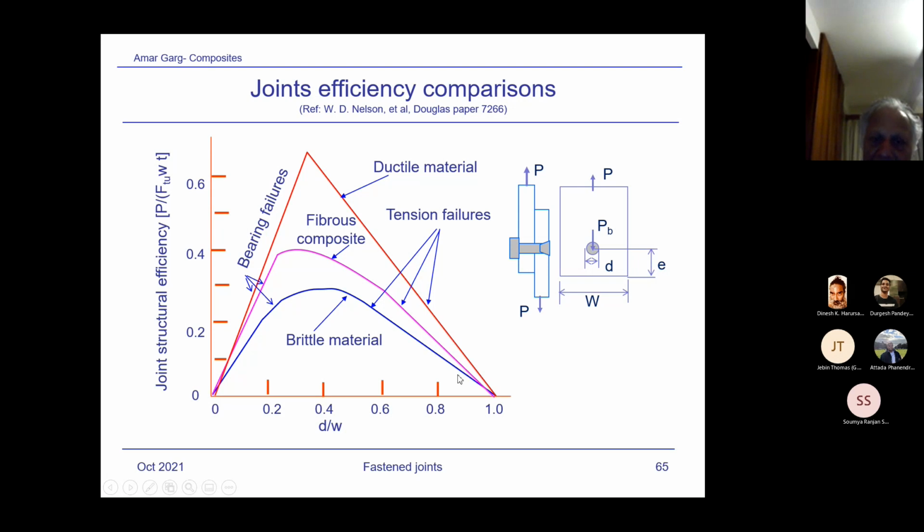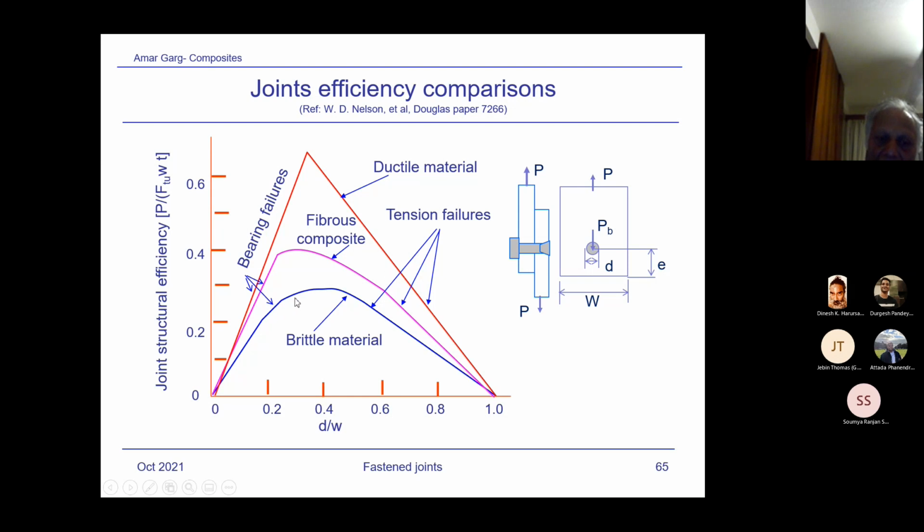So this is a totally brittle material, where the plot is joint structural efficiency, which I defined on the previous slide, versus D by W. D is the diameter of the fastener and W is the plate width. Based on the analysis of joint failures, John Hartsmith has plotted this.